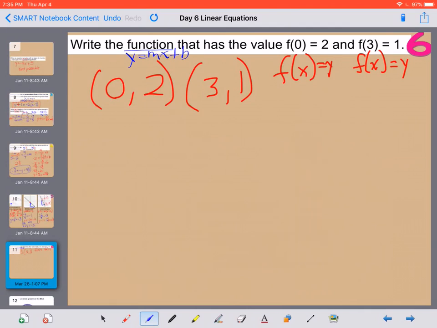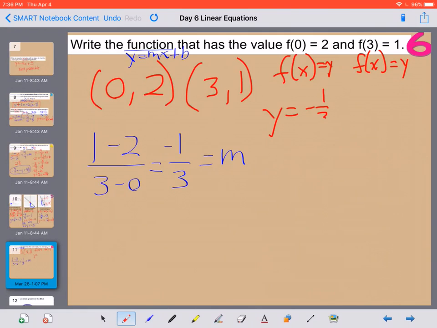So I need to find the m. So 1 minus 2 over 3 minus 0. 1 minus 2 is negative 1. 3 minus 0 is 3. So my m is negative 1 over 3. Then I'm going to put that into an equation. y equals negative 1 over 3 x plus b. We need to find our b now.